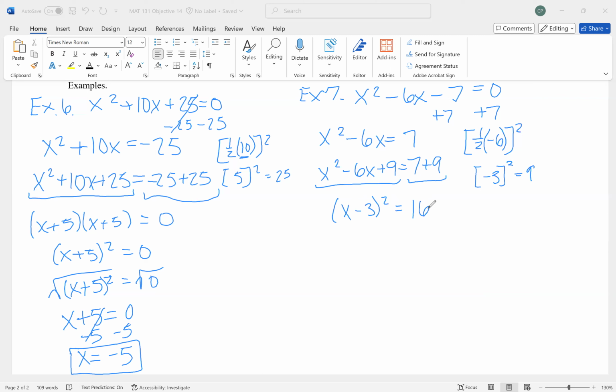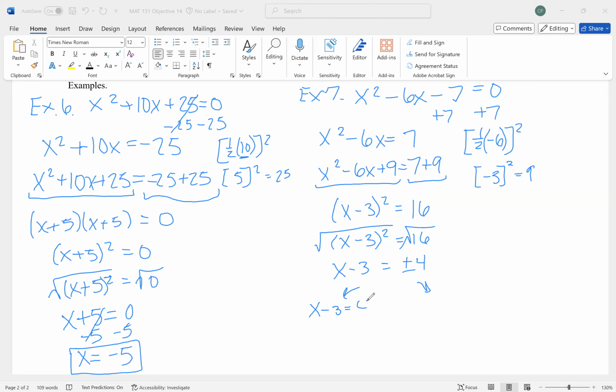From here, we do objective 13. Okay? We will take the square root of both sides. We will get x minus 3 equals plus and minus 4. We will break it into the two problems.